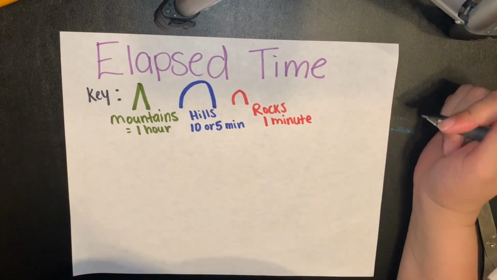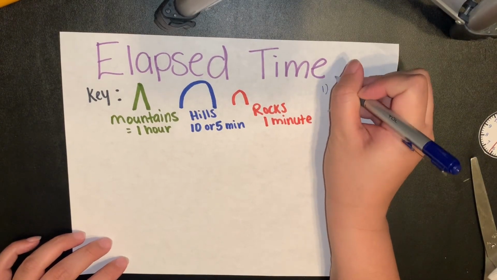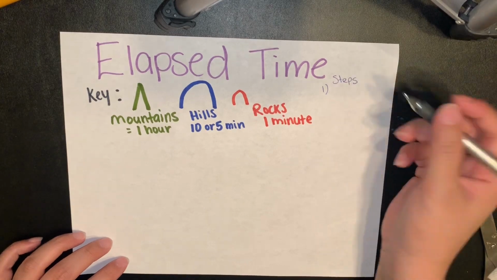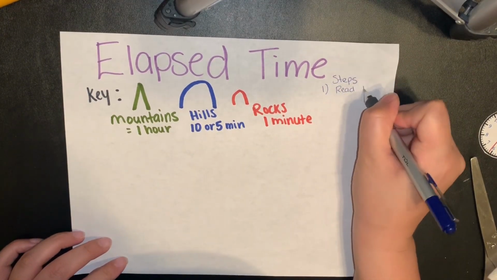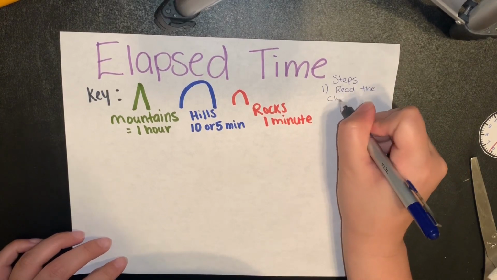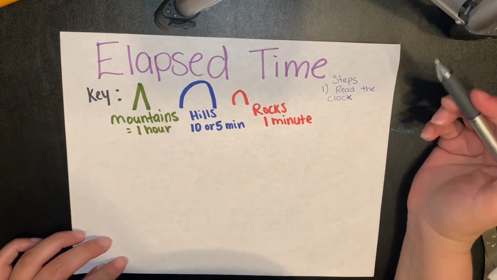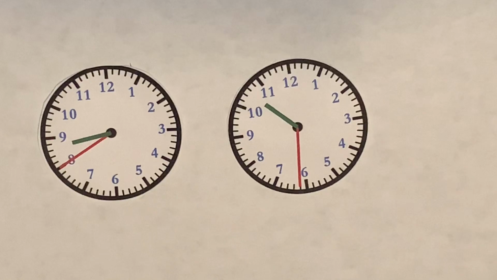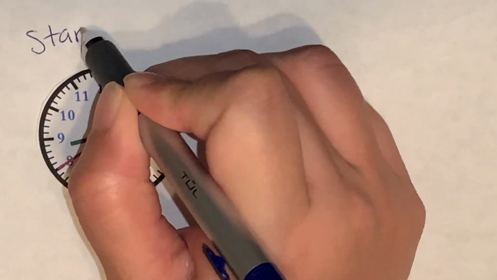In order to understand how much time has passed, the first step is to read the clock. All right, so we're going to look at an example, and the first thing we're going to do is read the clock. This is the start, so I'm going to label it as the start time.